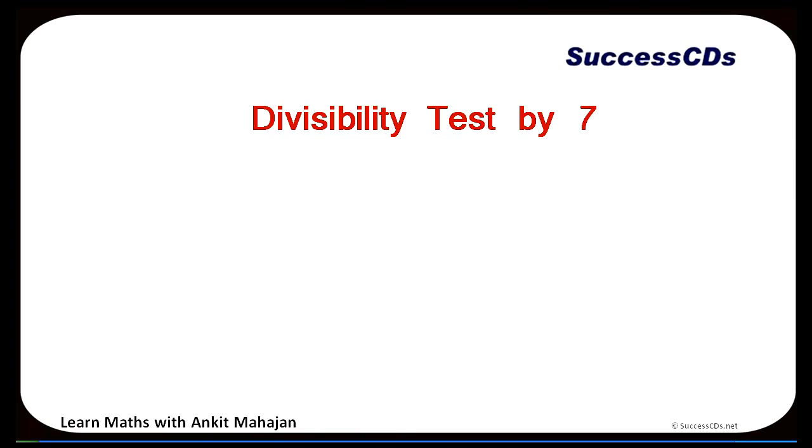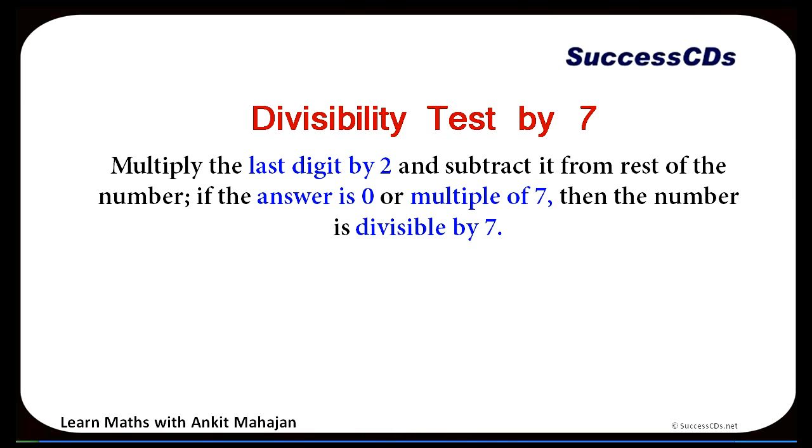Divisibility test by 7. Now, it's a tricky one, but a fairly simple one as well. What you have to remember is, multiply the last digit of your number by 2 and then subtract it from the rest of the number. If the answer is 0 or a multiple of 7, then the number is always going to be divisible by 7.